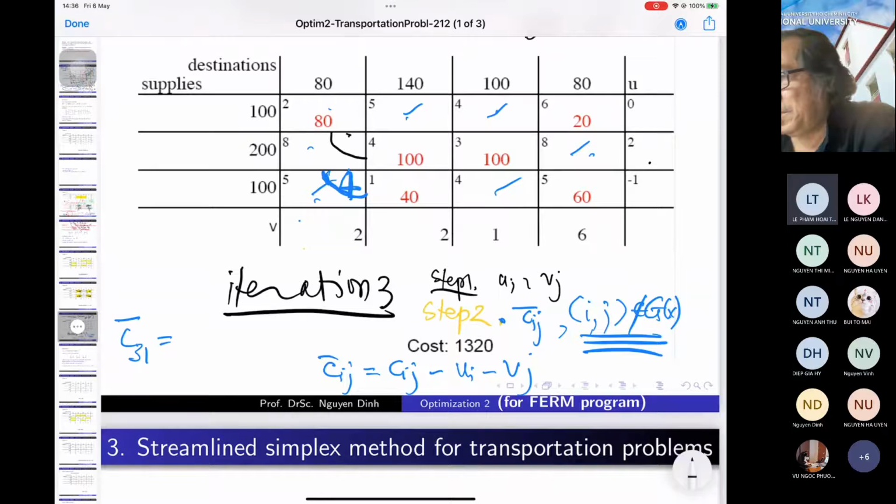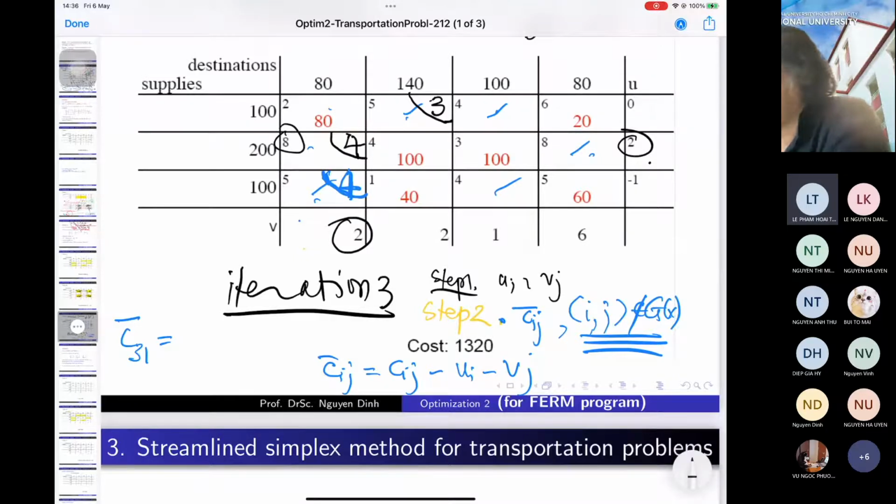Tell me the number. What is it? Also 4, because it is equal to 8 minus 2 minus 2. Is that okay? Very easy. What is the number for C bar 1,2? It's 3. Correct.